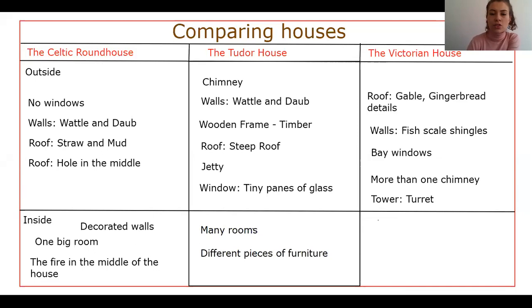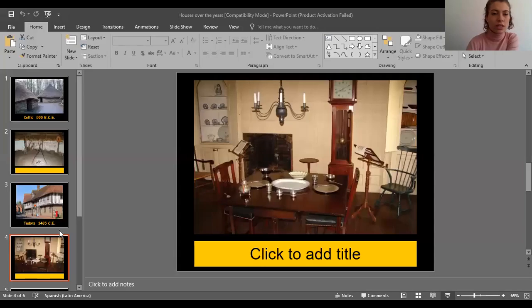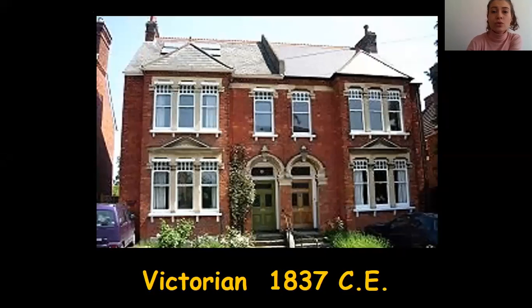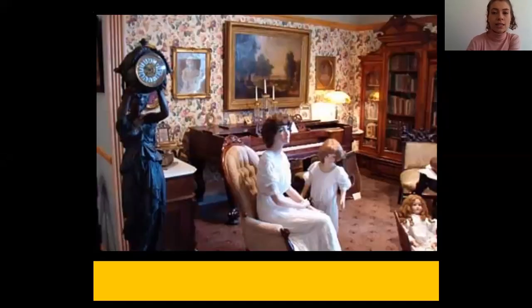And let's check now the last type of house, which is the Victorian house. So that's the outside of the Victorian house, and here inside.